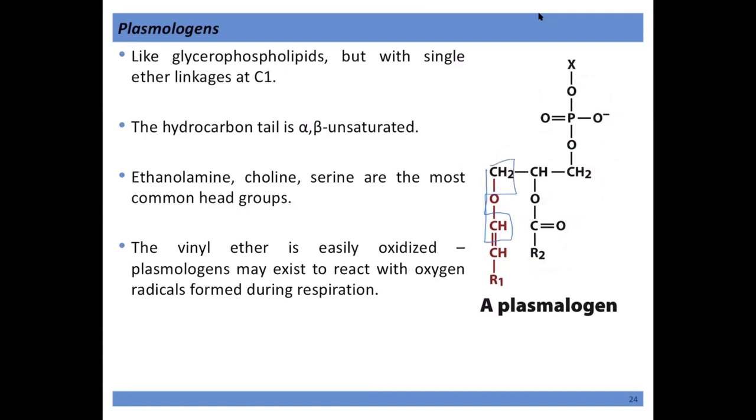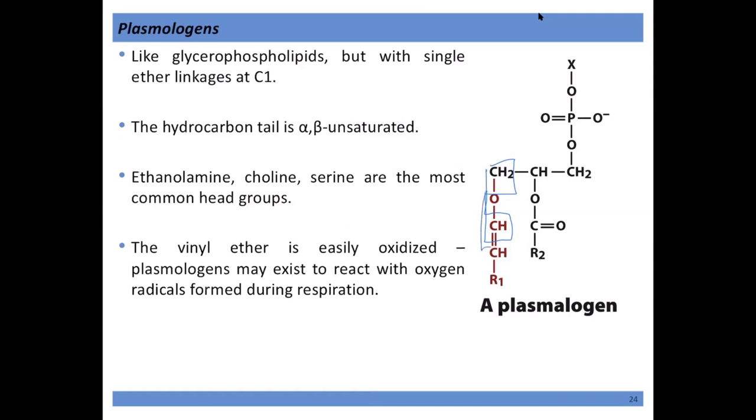And that ether linkage is actually to a double bond. So it's actually a vinyl ether. And vinyl ethers are easily oxidized. The full importance of this isn't known, but plasmalogens are thought to help us deal with oxidative stress.